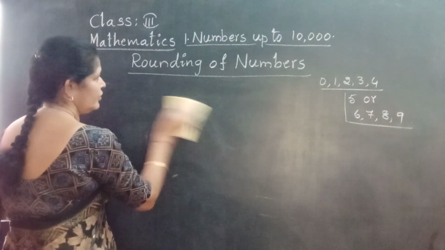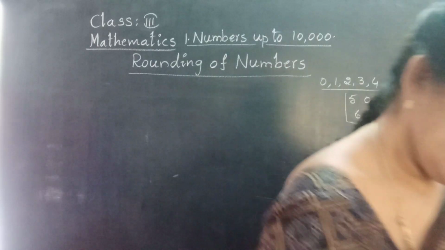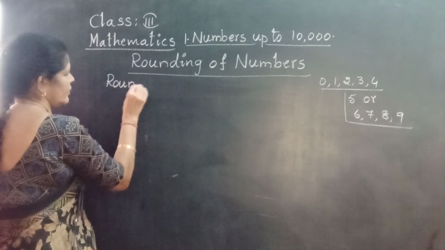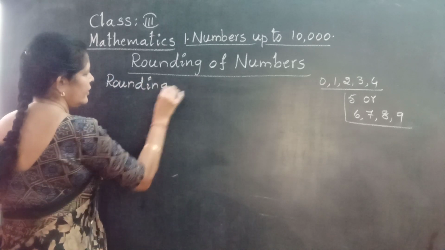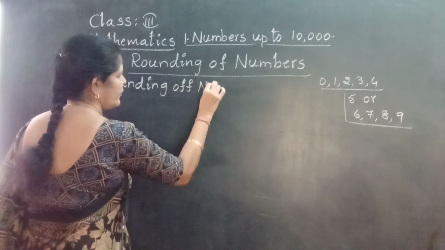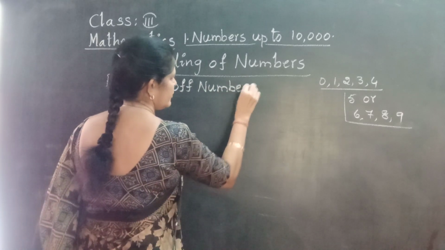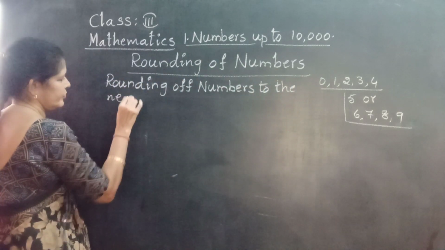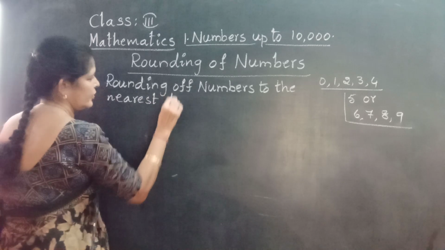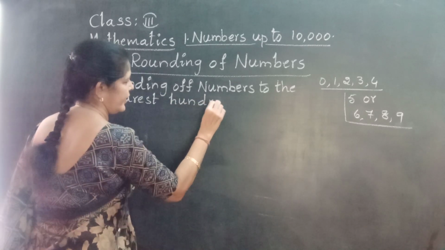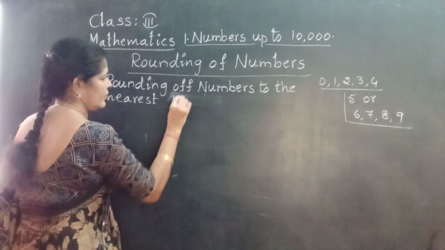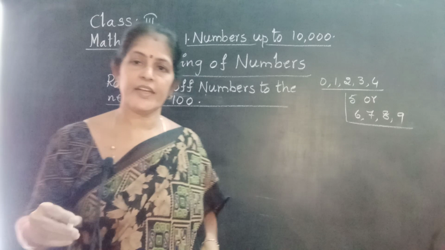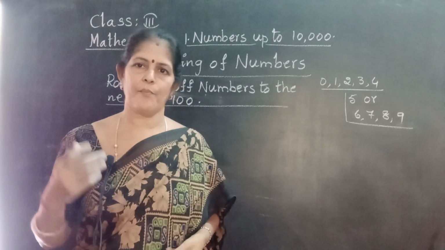Now the second one is rounding of numbers to the nearest 100. See, nearest tens means we check the ones place number.